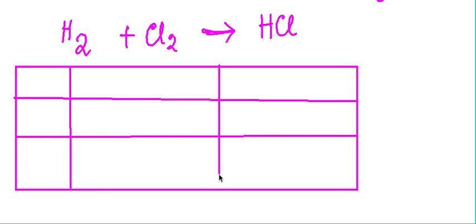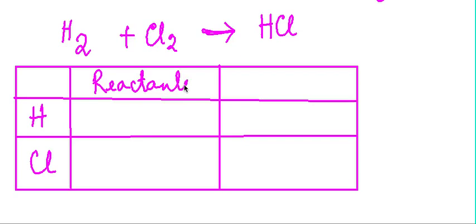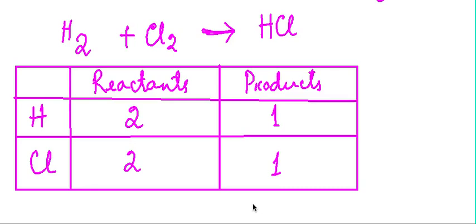We have 2 elements, so we draw the table for 2 elements, H and Cl, reactants and products. Now we have 2 hydrogen atoms on the reactant side and 1 on the product side, and we have 2 chlorine atoms on the reactant side and 1 on the product side.